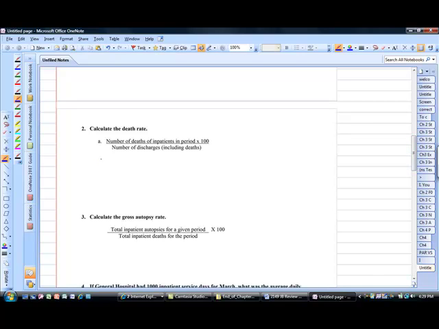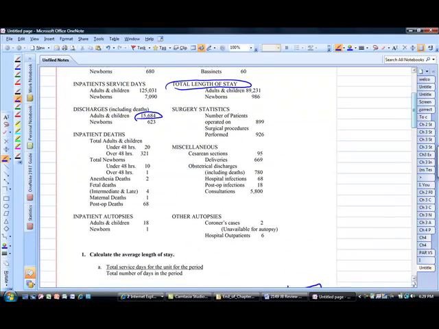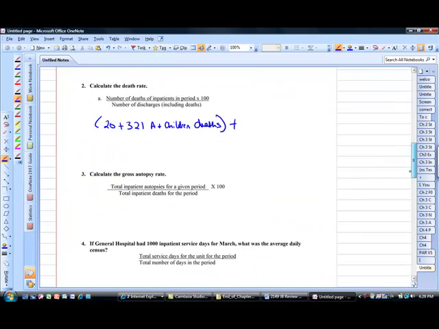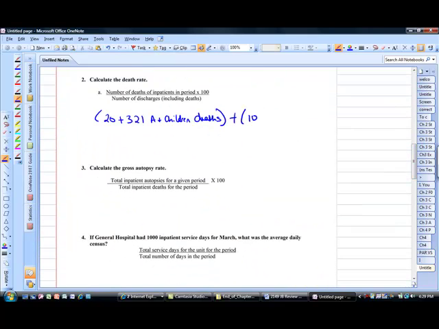So what we're going to do is add 20 plus the 321 adult and children deaths, and then we're going to add those newborn deaths right here. And then we're going to multiply that by 100.